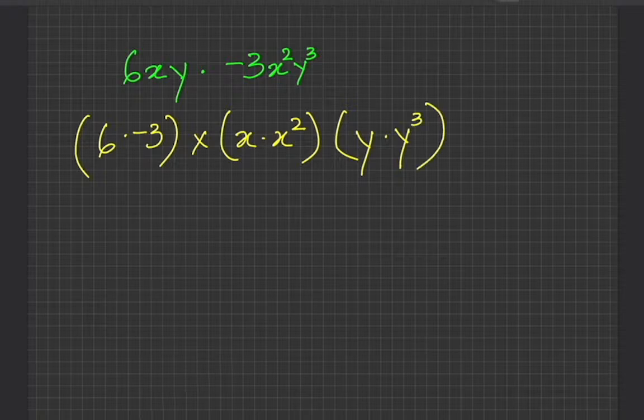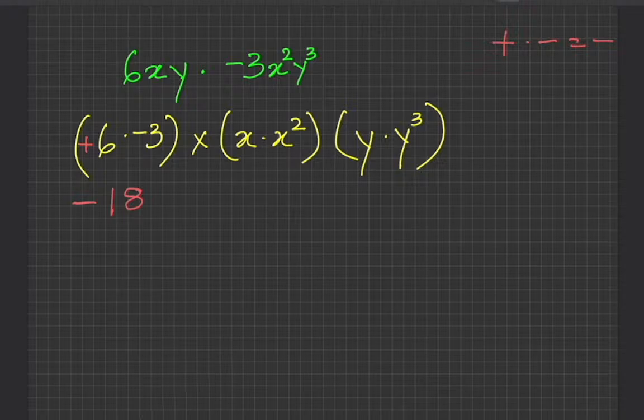Here is the plus sign. The rules of the sign say two different signs, positive times negative gives me negative. So negative 6 times 3, 18. This is the product of the numerical coefficients.